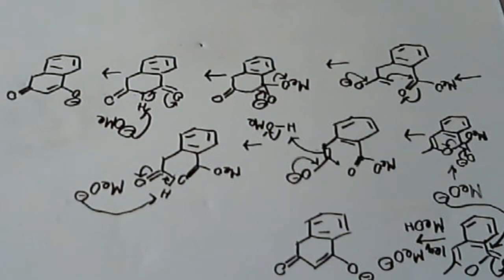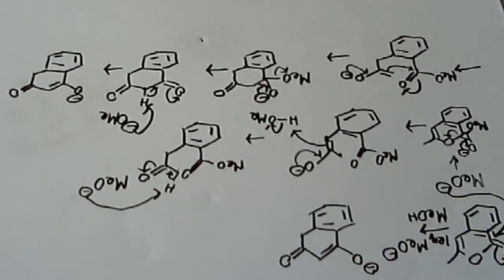And there's the product that we wanted. So as you can see, this is a pretty long, complicated problem, but what you want to do is you just want to follow all the steps. You know all the steps to solve this problem.